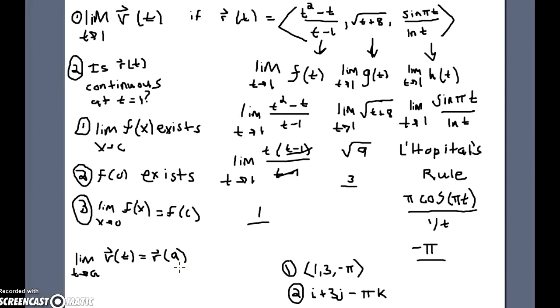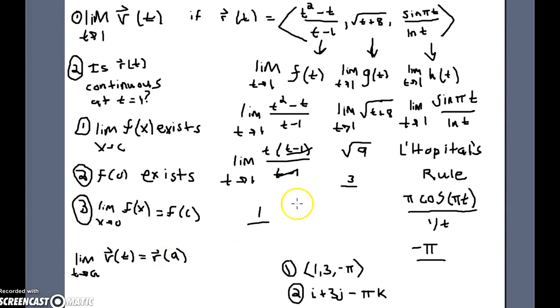And if you think about it, this makes a lot of sense, and it is very similar to condition 3 right here. So we computed the limit function in part 1. We got 1, 3, negative pi. So now we need to find r of 1.